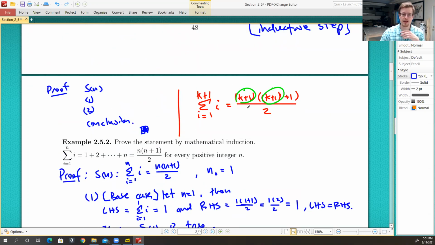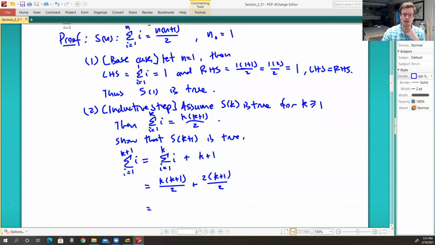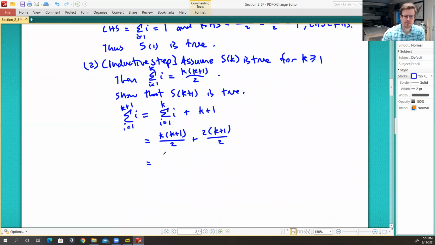So I split it up so that I can use what I know about S of k, the fact that it's true. That gives me one fraction, and then I create my other term with a common denominator so that I can add them and have one fraction. Excellent. So this gives me k times k plus 1 plus 2 times k plus 1, all over 2.